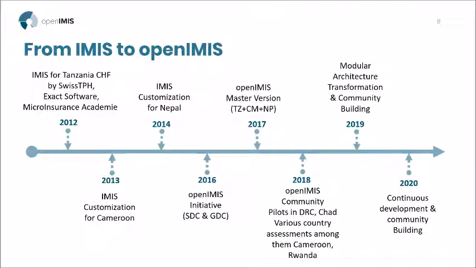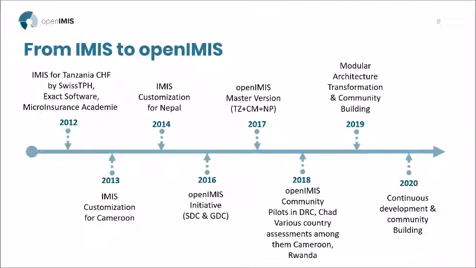But there was no open source license, and every time a new implementation had to be done, permission was needed from the copyright holder, STC. Slowly, the concept of using it in other places came to fruition. So in 2003, customization for Cameroon for a small mutual scheme started. Same thing in Nepal in 2014 for the national health insurance.